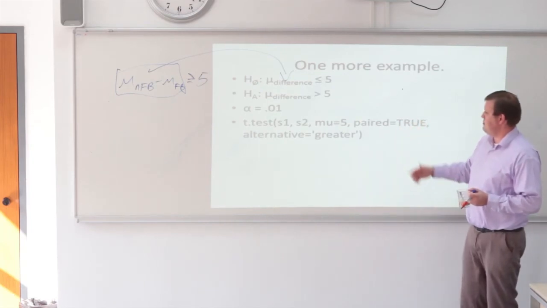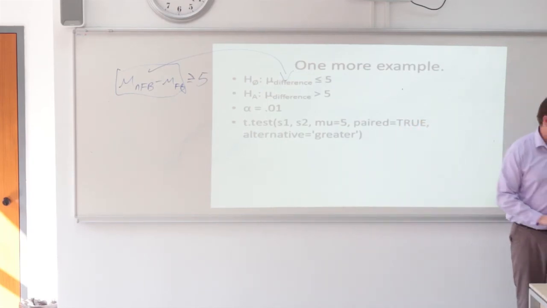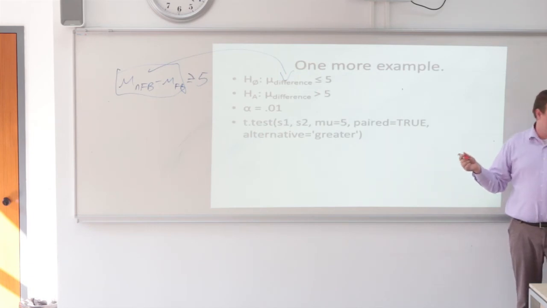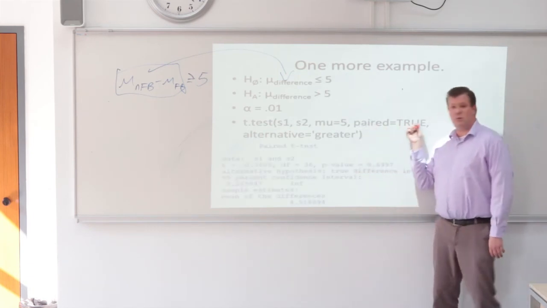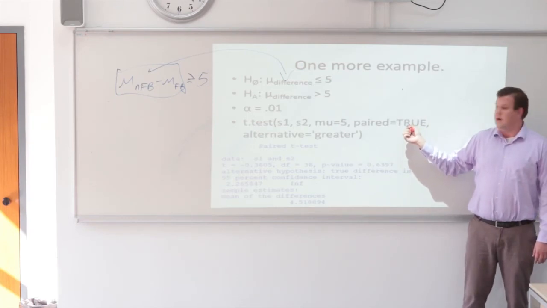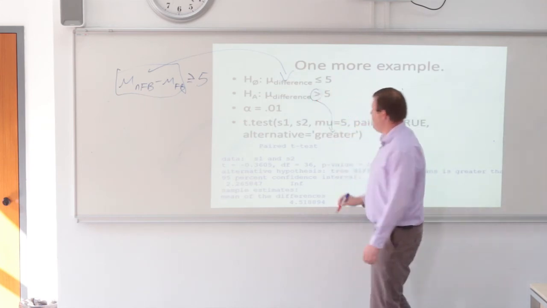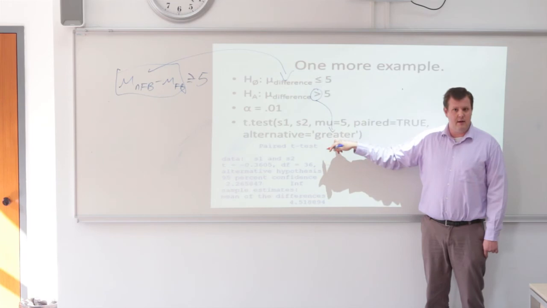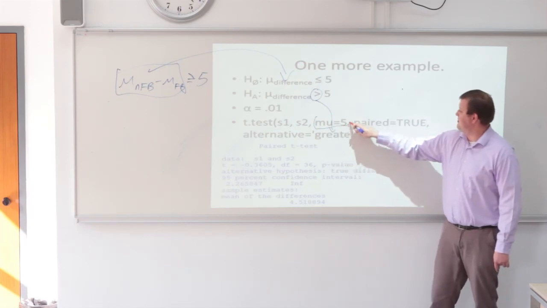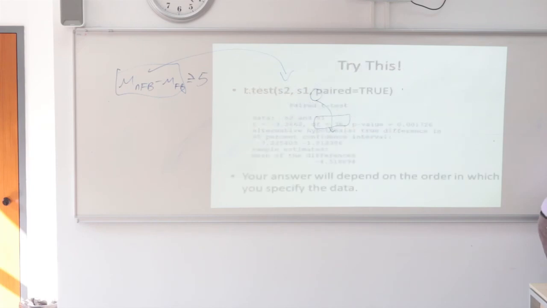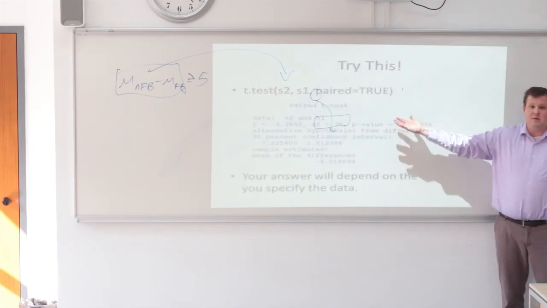So go ahead and do this. What's different than before? We had paired equals TRUE the last time. It's just one tail now, right? Notice this is greater, so we specify greater there. There's one other thing, the mu. Previously, we didn't say mu equals anything.